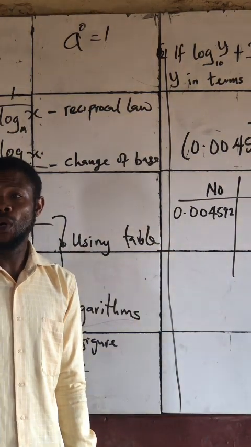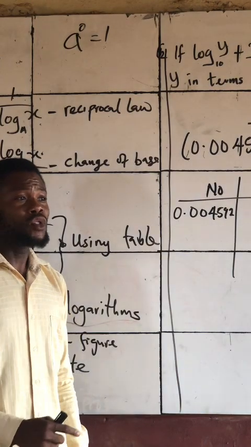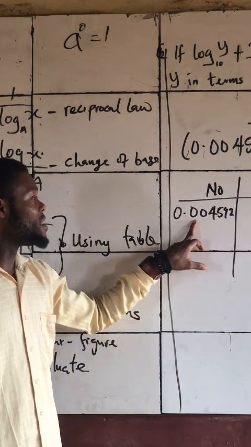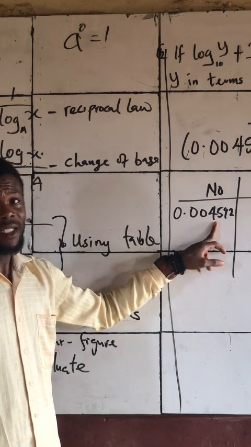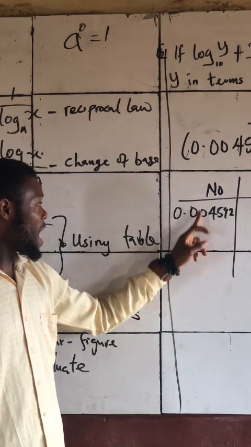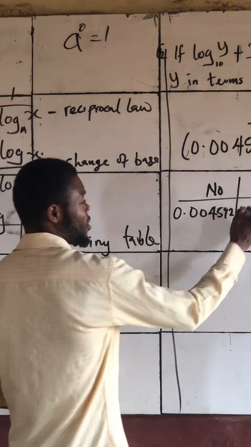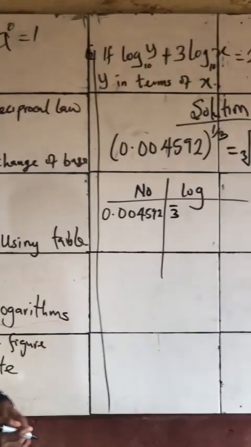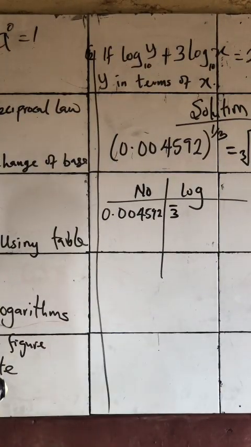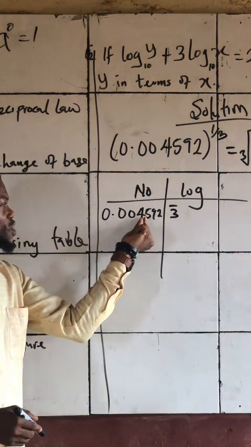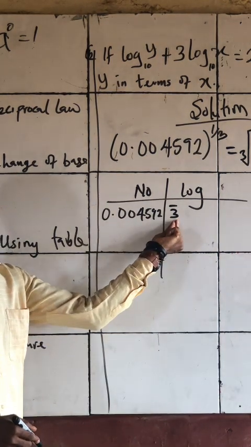So how do you know how you are going to write the negative part of it? How many decimal places before you can get to a whole number? That is 1, 2, 3. That gives us bar 3, because the decimal point will move from this place to this place. That is why we have 3.